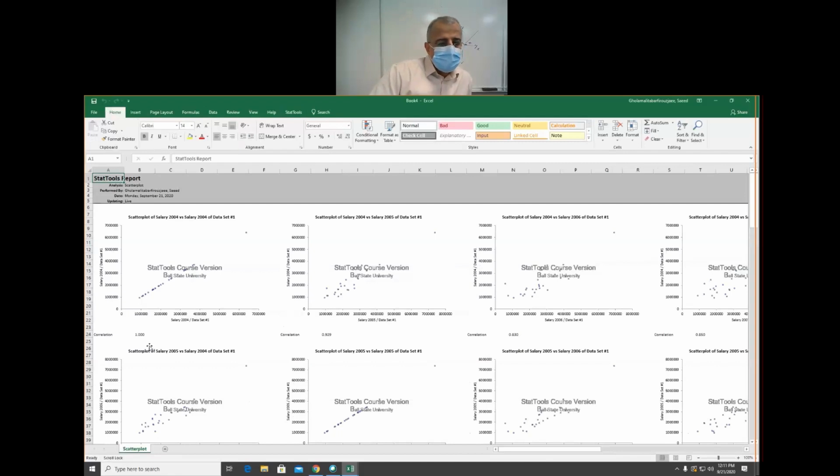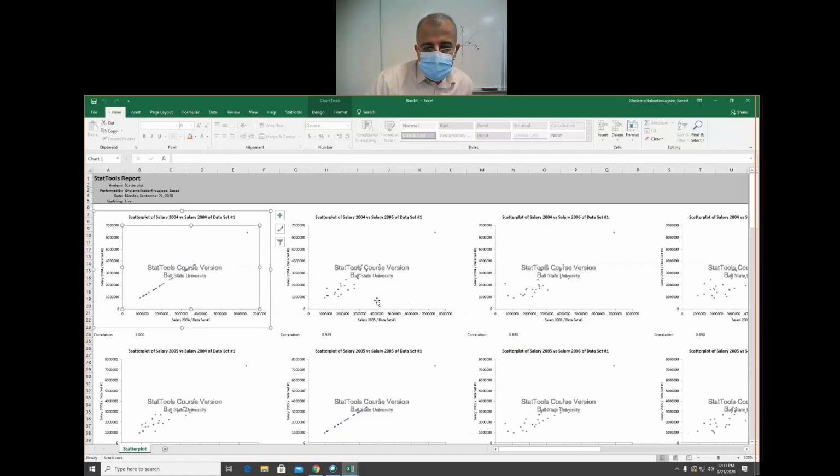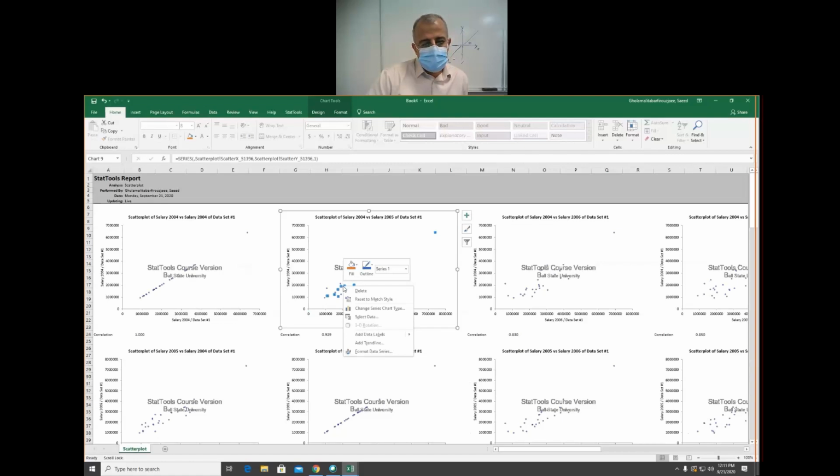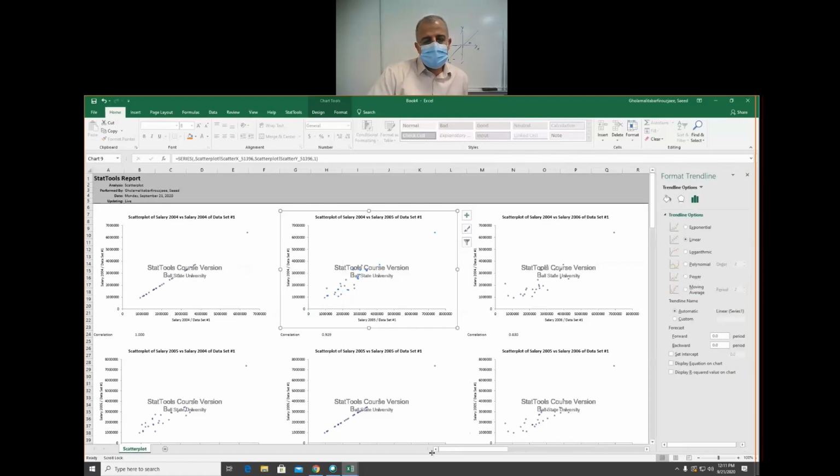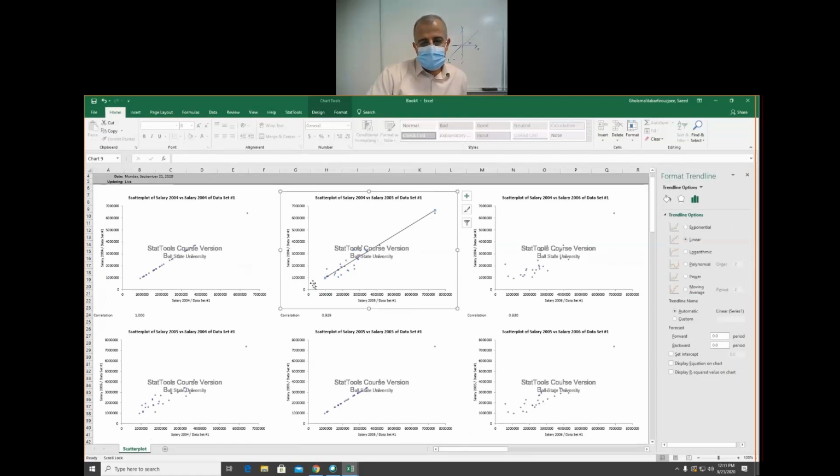Between 2004 and 2004, of course, there is this perfect relationship between each variable and itself. And here in this one, we have between 2004 and 2005. The correlation is 0.9. Right-click to add a trend line to see a linear relationship between these two variables.